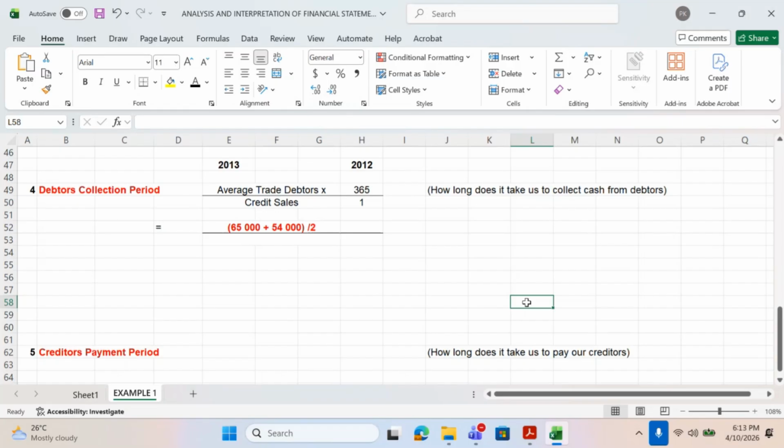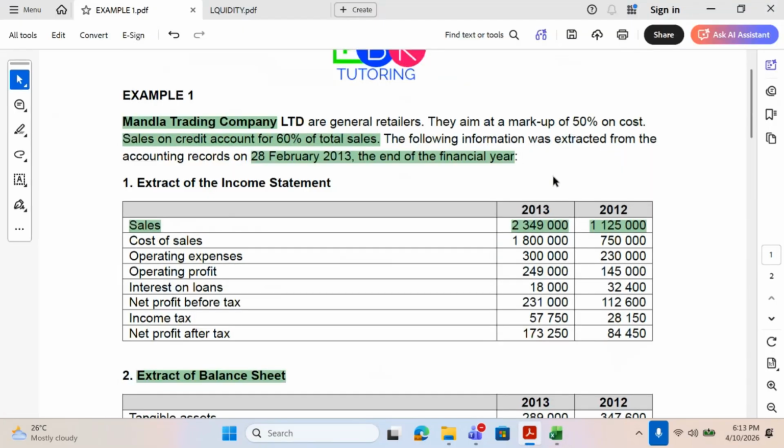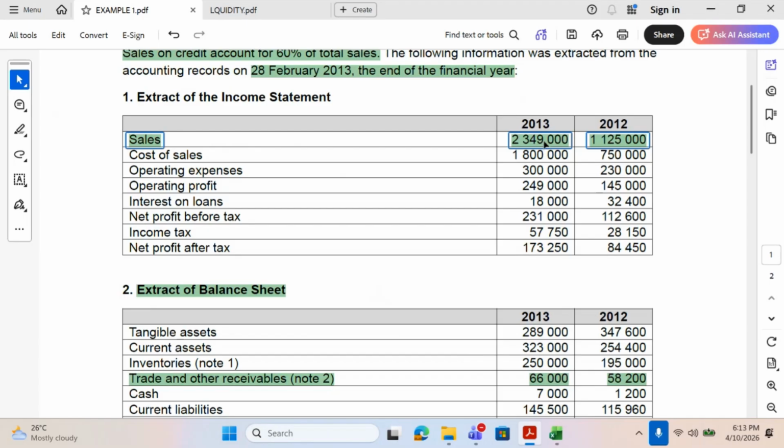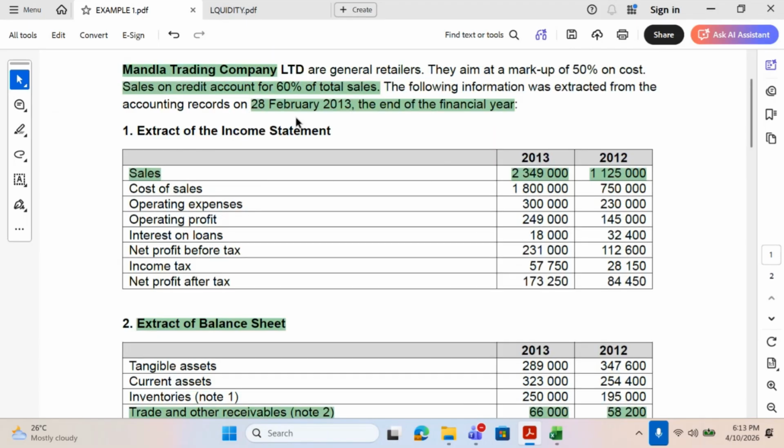Then over credit sales, how much will be our credit sales here? They gave us total sales of 2,349,000. Then they said 60% of total sales account for credit sales. Sales on credit account for 60% of total sales.